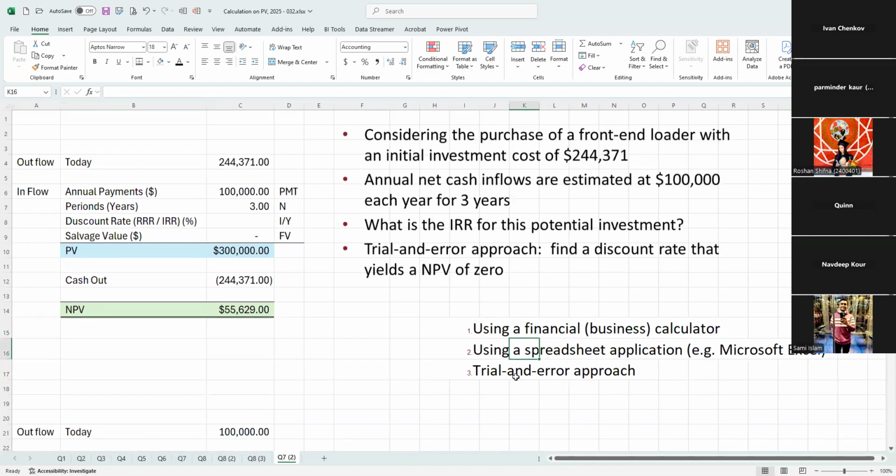With the trial and error approach, basically we start plugging in numbers until the net present value becomes 0. So let's go with 6%. We're getting down at 8%. We're getting down at 9%. It's going to go down. So 12% here, we go negative. So 11%. Okay, so 11% is probably the correct answer.